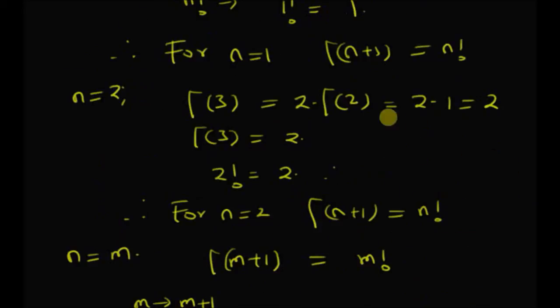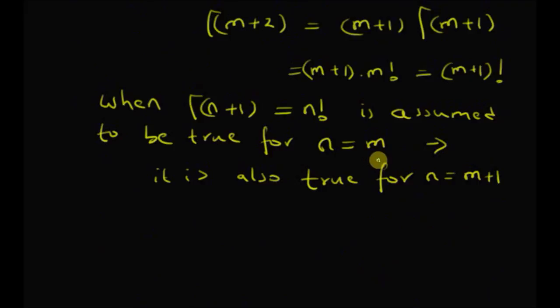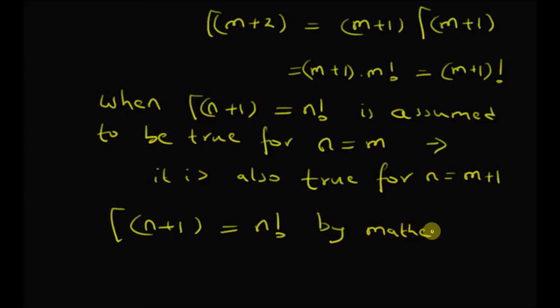And since the relation is true for n equal to 1 and 2, and it is also true for m plus 1 given it is true for n equal to m, this proves that gamma of n plus 1 is equal to n factorial by mathematical induction, for all values of n that belong to the set of natural numbers.